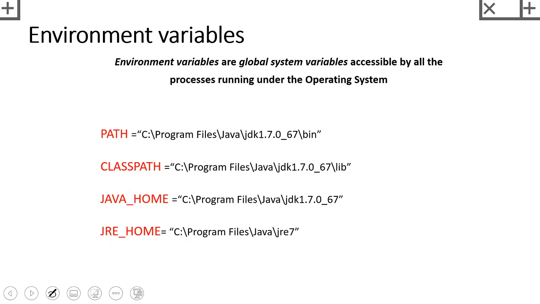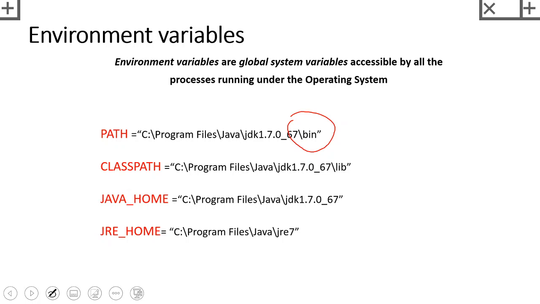If you don't specify the PATH environment variable in your system properties, you cannot run your program unless you put it into the bin folder. So irrespective of the location, if you want to enable execution of Java programs, setting the PATH environment variable is very necessary. I will walk you through in this video how to set the PATH environment variable.